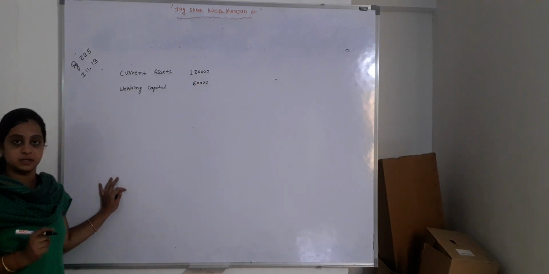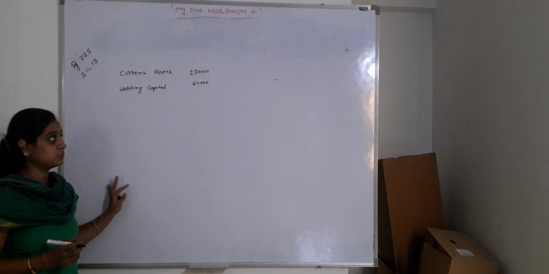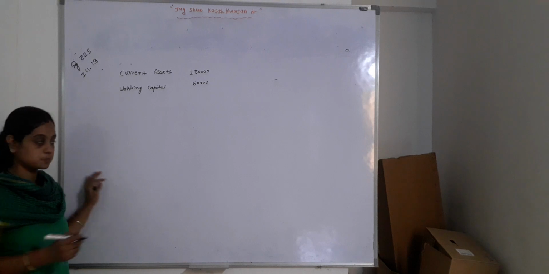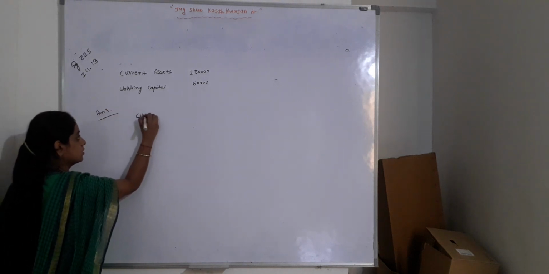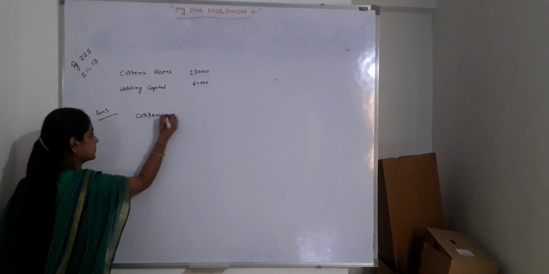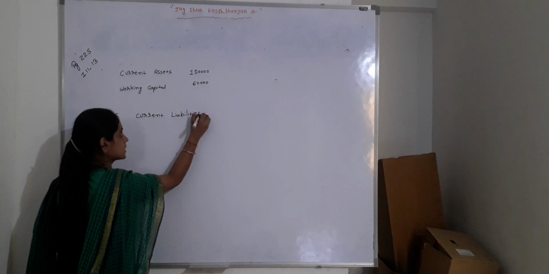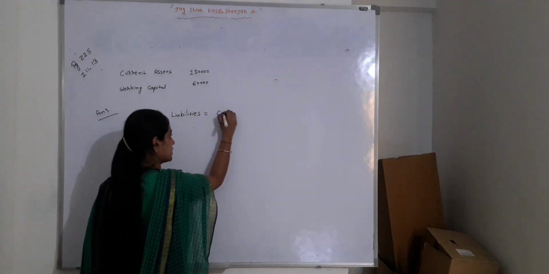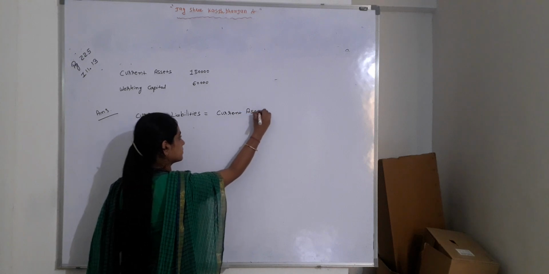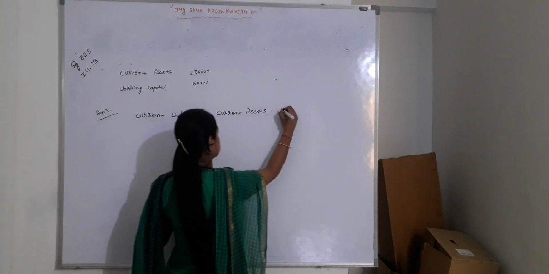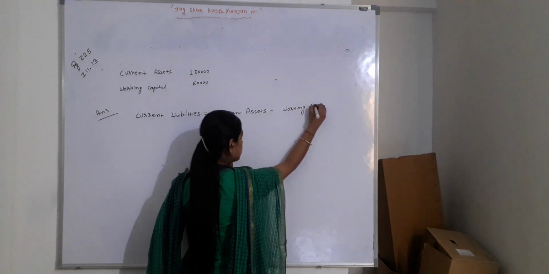Only 2 things are here. So, can we find the current liabilities from these 2 things? Current liabilities is equal to current assets minus working capital.